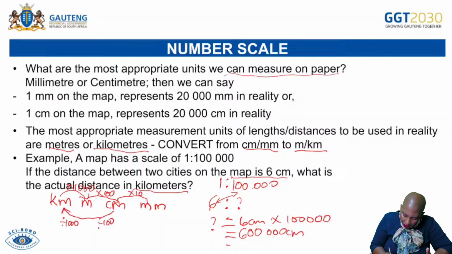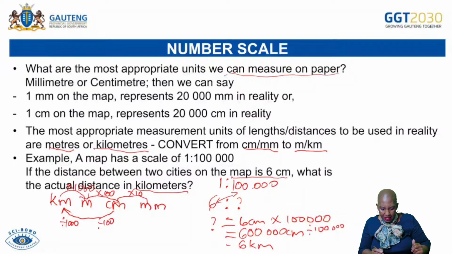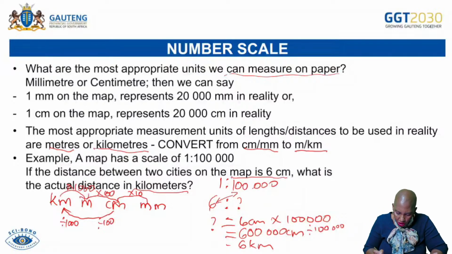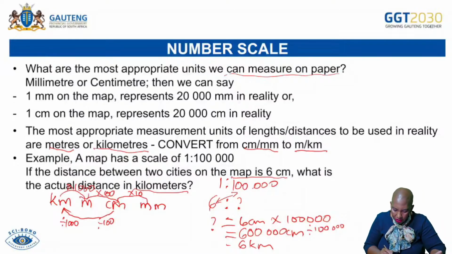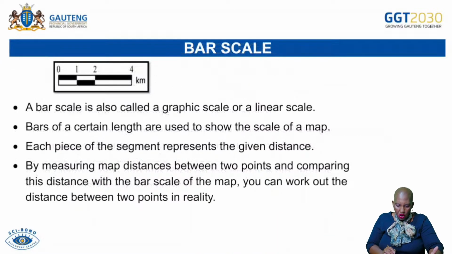So I'm going to divide this answer by 100,000, and then it will give us what? 6 kilometers in reality, because we are dividing by 100 multiplied by 1,000, which is 100,000. So dividing by 100,000 gives us 6 kilometers.